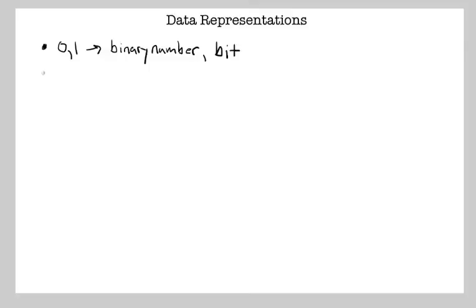Another common unit that these bits come in are 8 bits together, called a byte. And you'll often hear memory and data storage on your computer, your hard drives, your RAM, things like that, referred to in bytes.